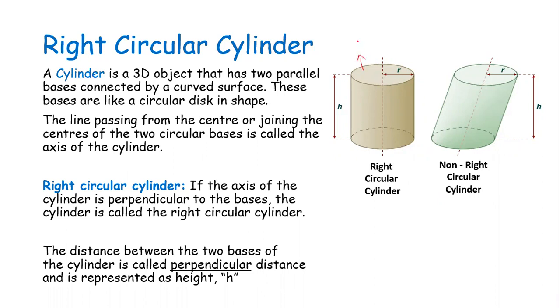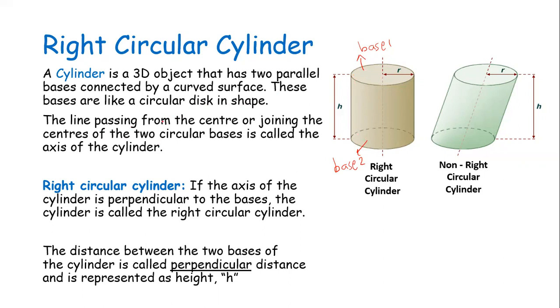This is the first one, and this is the second one. And they are parallel to each other, and they take the shape of a circular disc. Also, they are connected to each other by a curved surface.